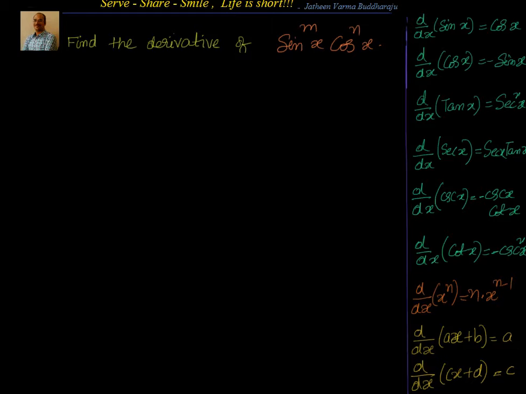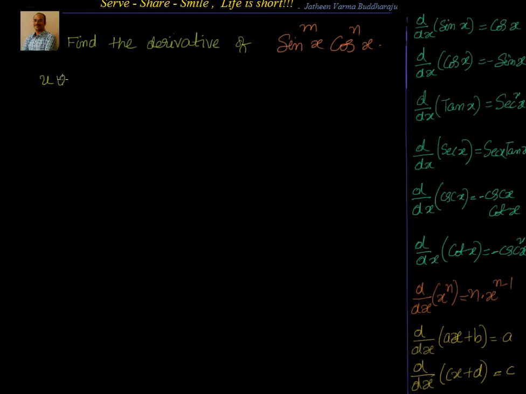We have to find out the derivative of sine to the power of mx into cos to the power of nx. At high level you can observe that the function for which we have to find the derivative is in the form of a product of two functions. So can I apply the product rule there?